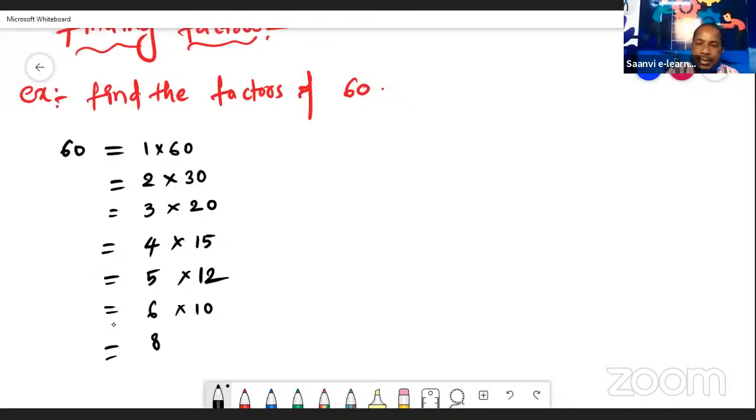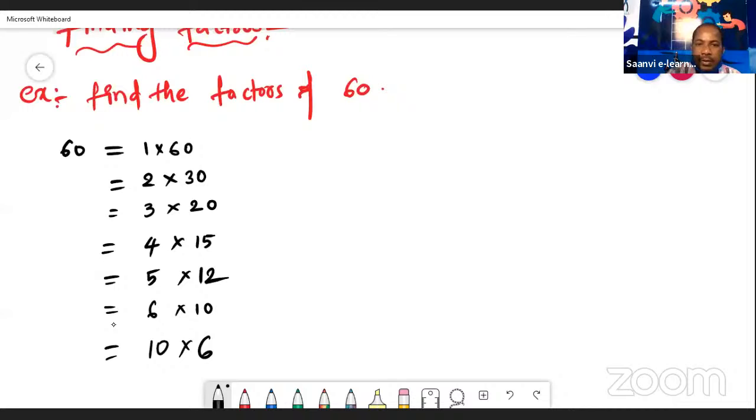We are getting 64, but here we have only 60. So 8 also will not divide. Now 9 also will not divide. Next, 10. Does 60 divide by 10? Yes. 10 6s are 60.